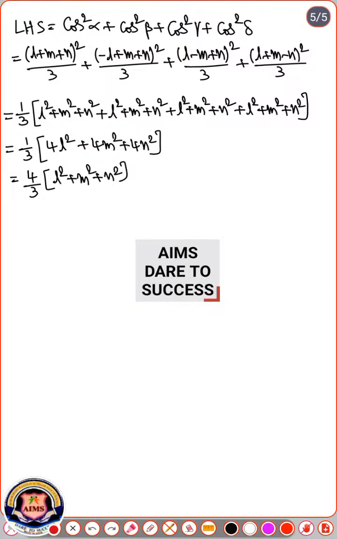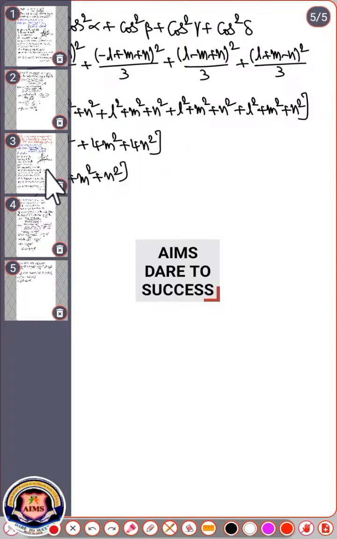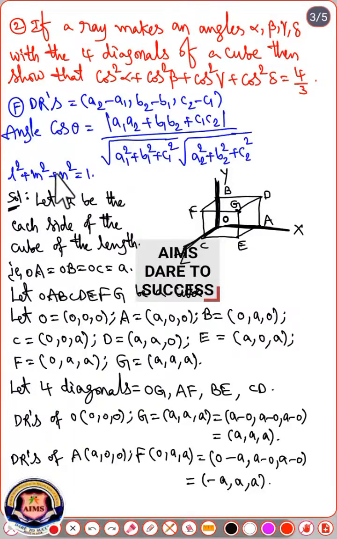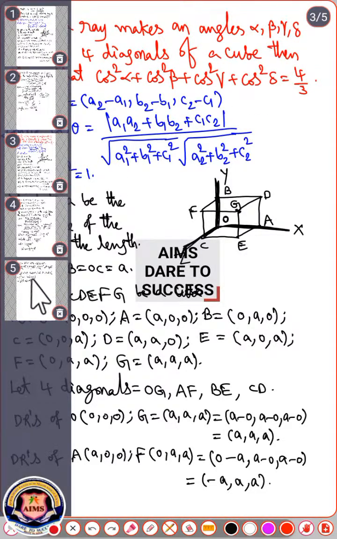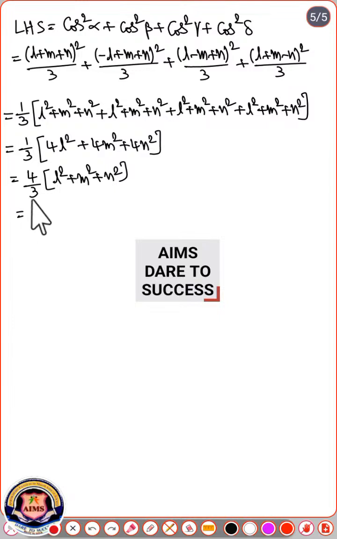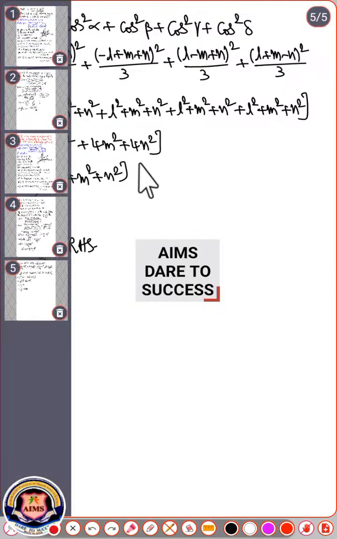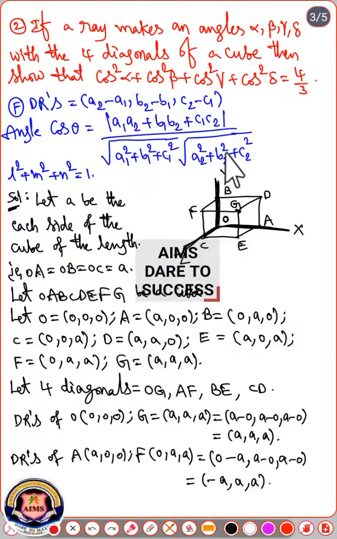Already we have written L square plus M square plus N square is equal to 1. The same value you can use here. So 4 by 3 into 1 is equal to 4 by 3. This is the required answer. My dears, 4 by 3 came.